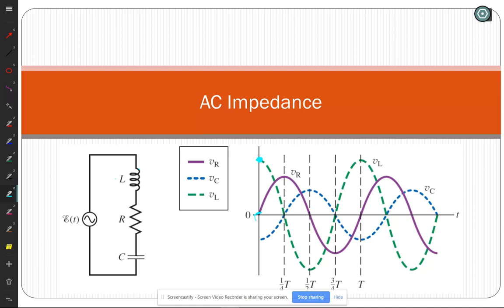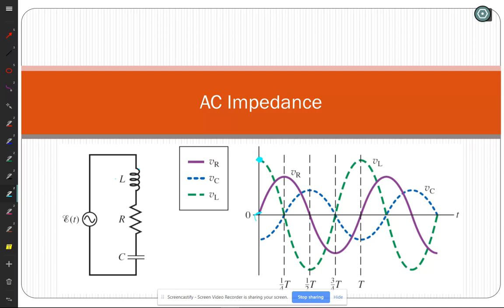And so when the current is 0, which is right here, I have the maximum charge, right? We've been adding charge all this time. So here we're at maximum charge, so the voltage across the capacitor is maximum there. And then we start pulling current away, and here we're going to have the minimum charge, and hence we have the minimum voltage on the capacitor.